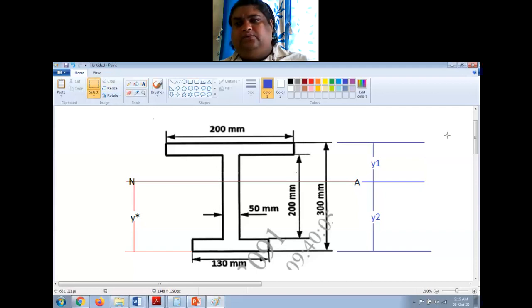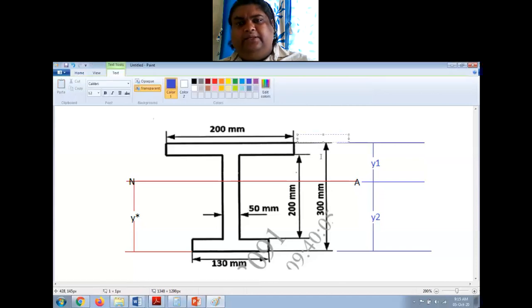How the shear stress varies along this length, we have to calculate that, and then we have to draw the diagram. Now for that, I will first mark some salient points on this diagram so that it is easy for me to find the shear stress at those locations. So the top surface, I'll take this as A.